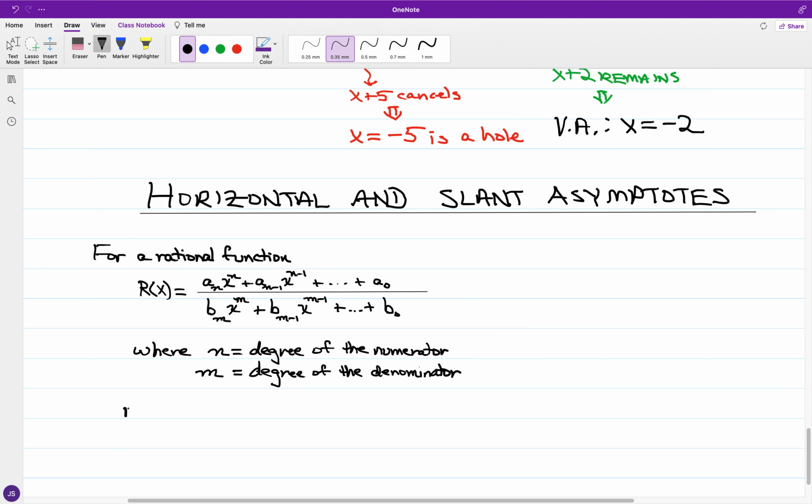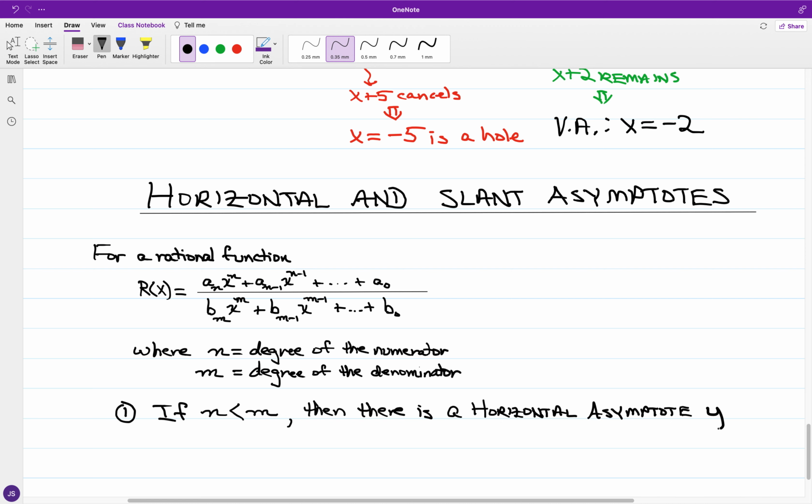First of all, in comparison between the degrees of the numerator and denominator, if the degree of the numerator, n, is less than the degree of the denominator, so if n is less than m, then there's going to be a horizontal asymptote, which will be y is equal to 0.